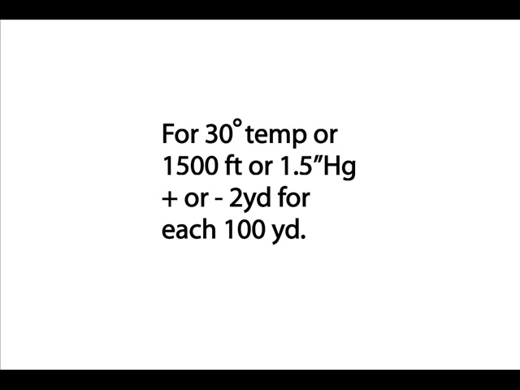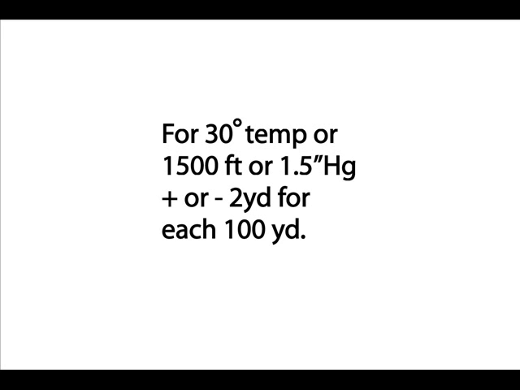Okay, so if you look at your formula, it says that a 1,500 foot change is going to be equal to plus or minus 2 yards for each 100 yards. So let's say you move to a location that is 1,500 feet higher elevation than your standard location.